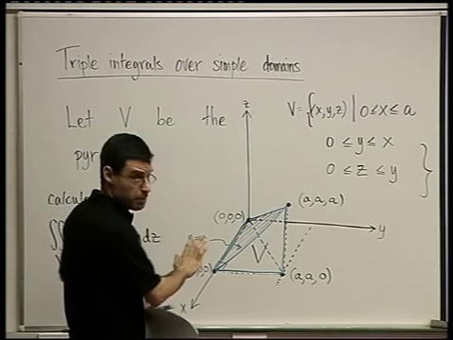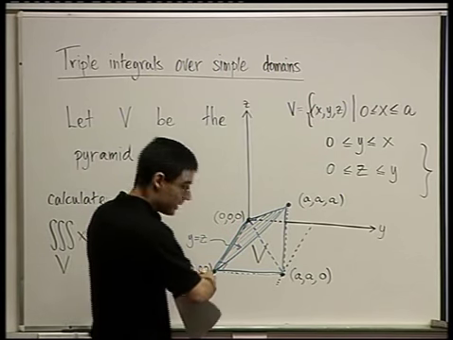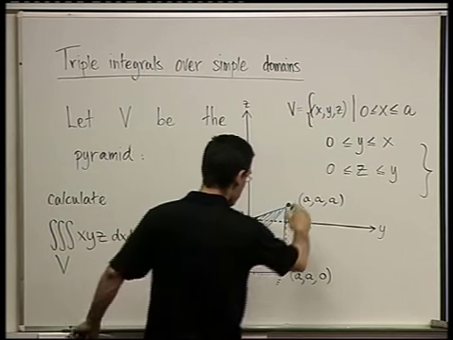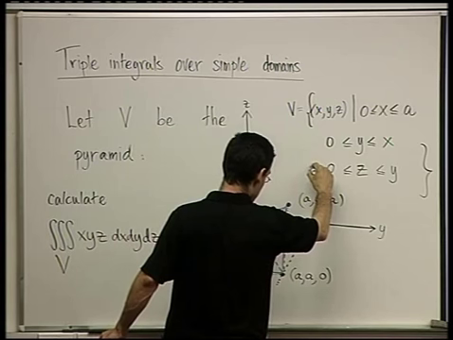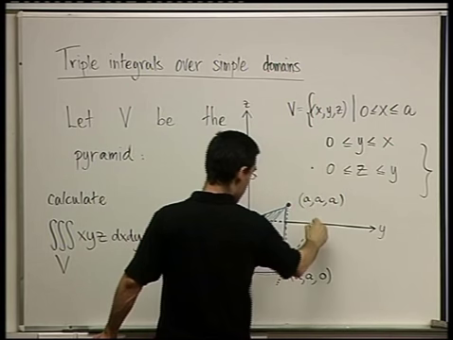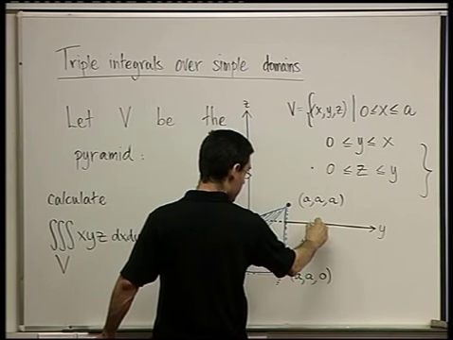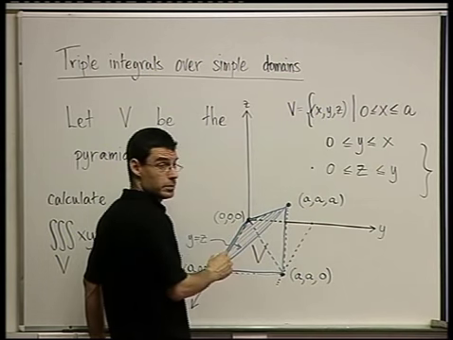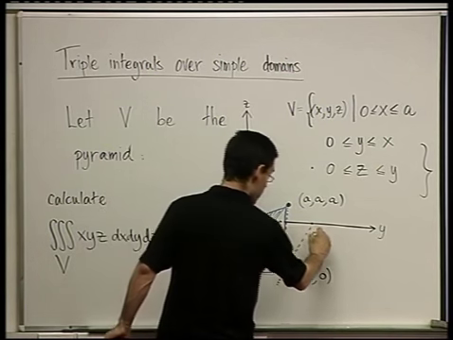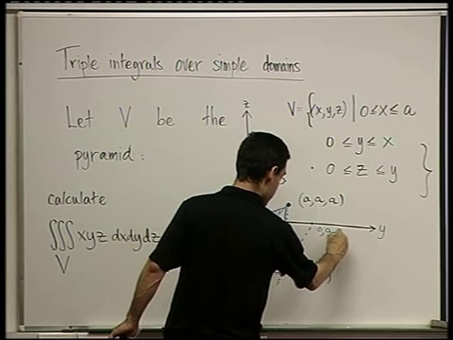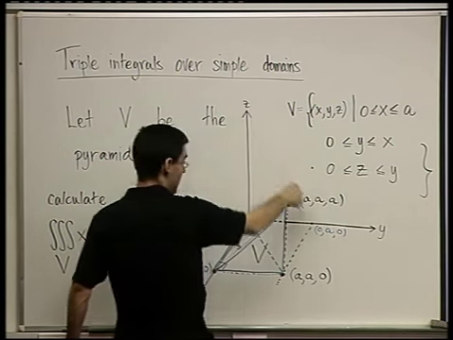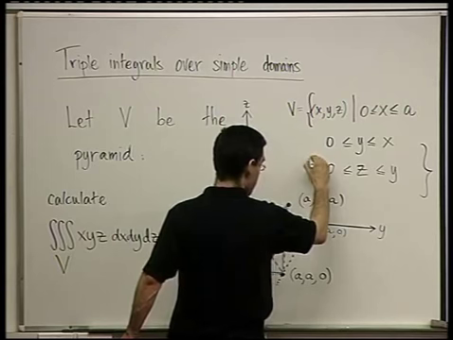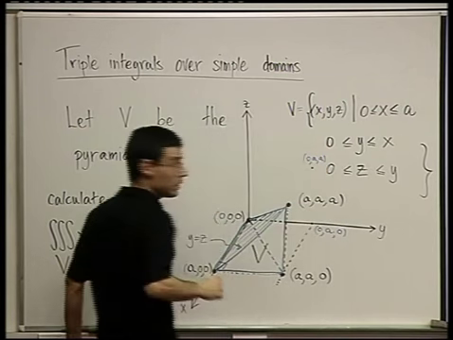I don't want to blur the picture, but maybe I'll blur it in a very faded way. I can draw the point above this point. So this is the point 0, a, 0. Do you agree? This is 0, a, 0. And above it, when I add a on the z-axis, this is going to be the point 0, a, a. Do you agree?